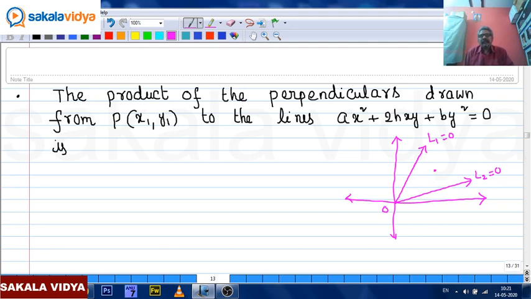For example, P is the point here, (x1, y1). Draw the perpendicular to L1, say PQ. Draw the perpendicular to L2, say PR. Now we need to find PQ multiplied by PR is equal to how much? So this we need to write.